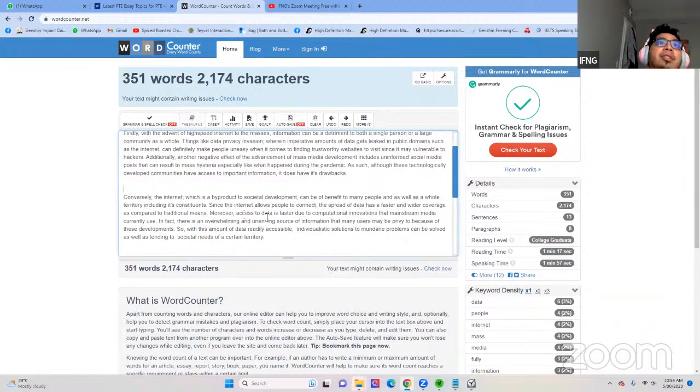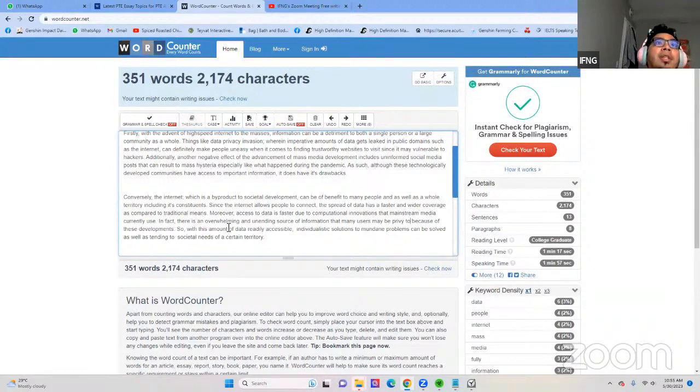Moreover, access to data is faster due to the computational innovations that mainstream media currently use. In fact, there's an overwhelming and unending source of information that many users may be privy to because of these developments.